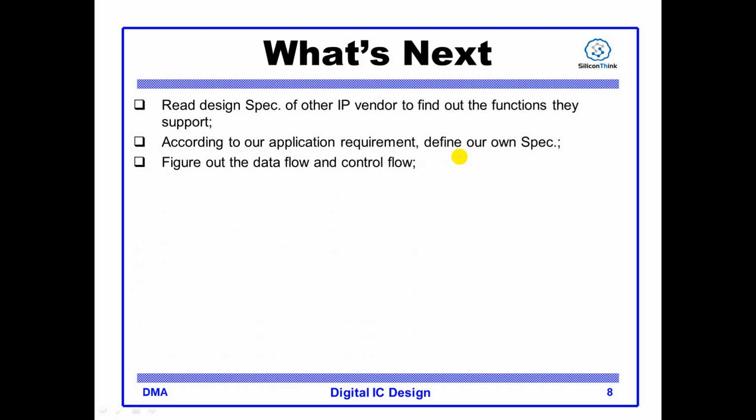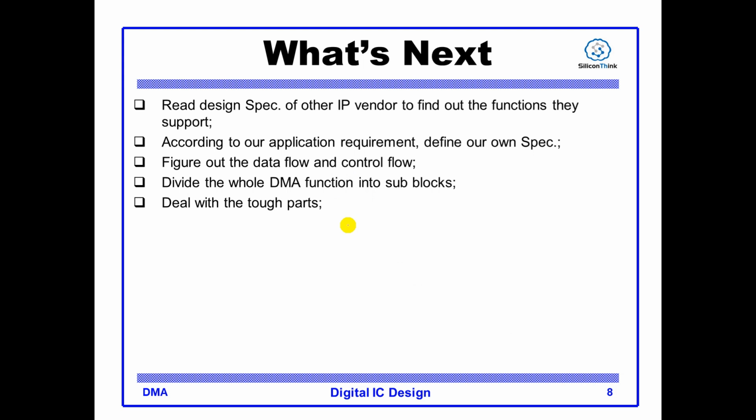Then you have to figure out the data flow and control flow for our function block and the key points or the top points in this block, and figure out by using which hardware architecture we can deal with these difficult or tough points. Then you will divide the whole function into some subblocks.